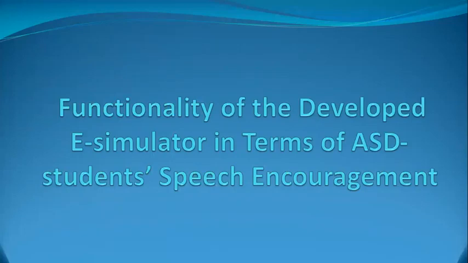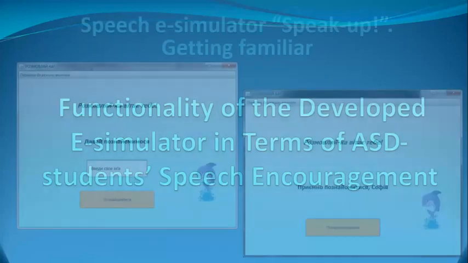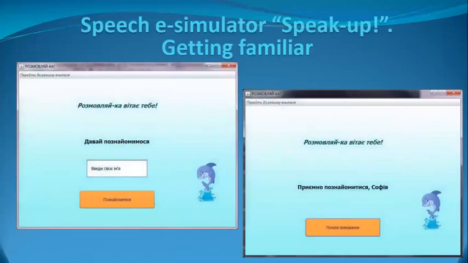As a result of development, the speech e-simulator, so-called Speak Up, or Rozmovlaika in Ukrainian, for young students with autism spectrum disorders, has a concise but intuitively clear interface that enables both educators and students to interact with it efficiently from the very beginning.